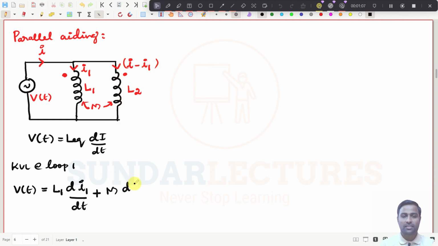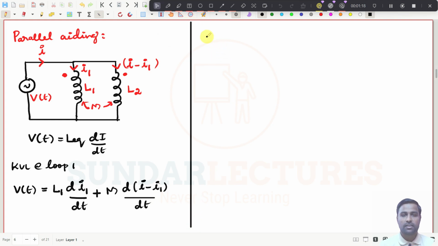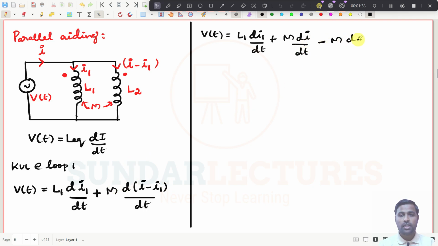If I simplify further, V of t equals L1 di1 by dt plus M into di by dt, and multiplying out, minus M into di1 by dt. We make this expression number 1.